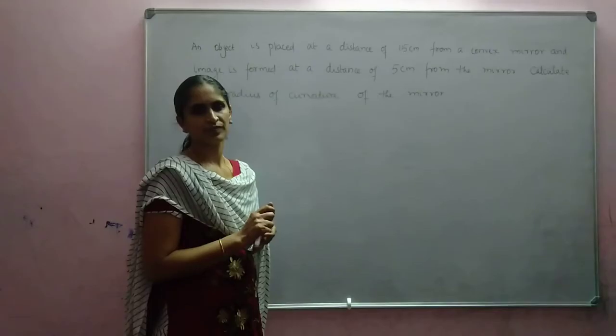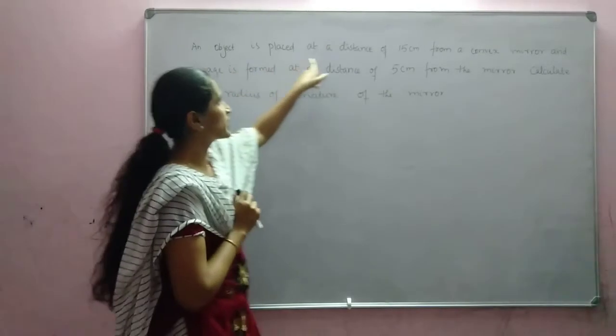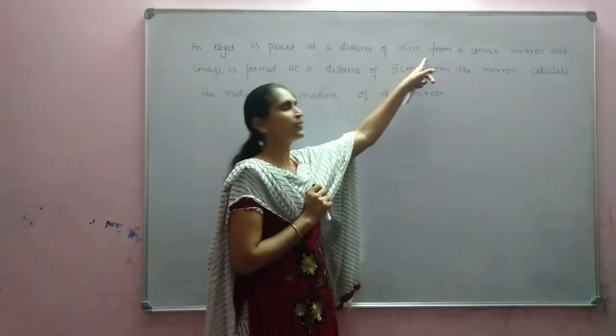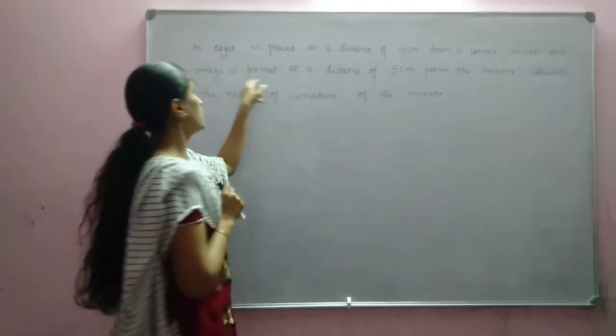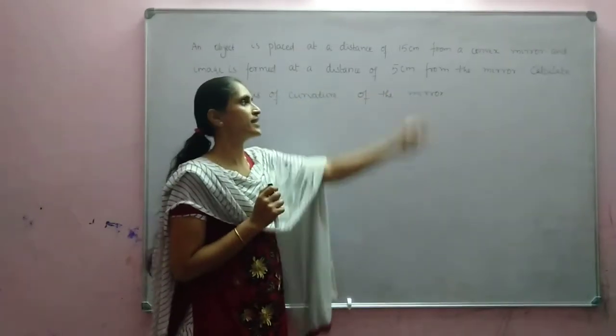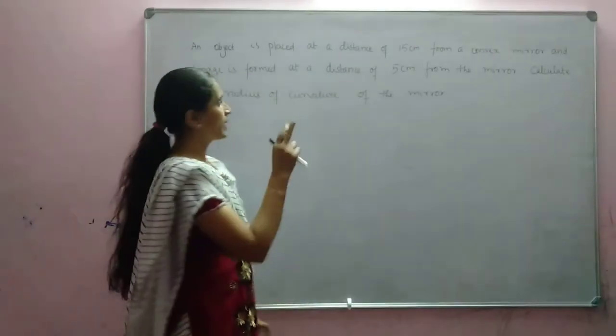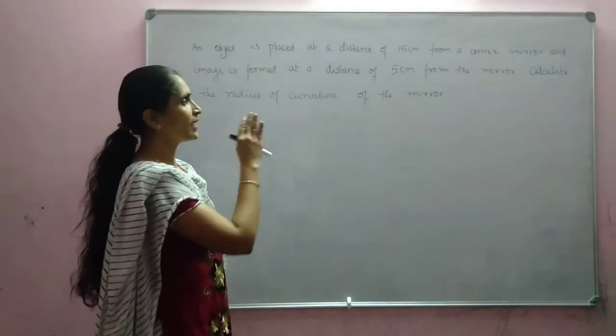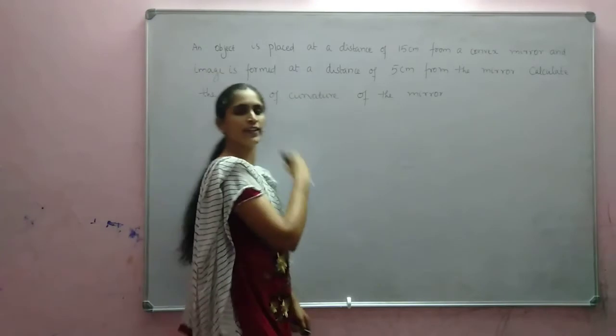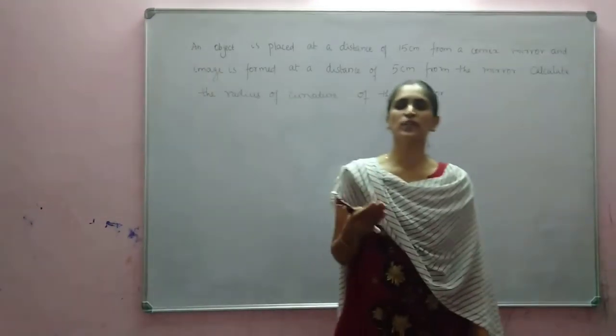Okay. Here it is given that an object is placed at a distance of 15 centimeter from a convex mirror. An image is formed at a distance of 5 centimeter from the mirror. Calculate the radius of curvature of the mirror. Okay. So here I told you, we know that the radius of curvature of a convex mirror is positive.